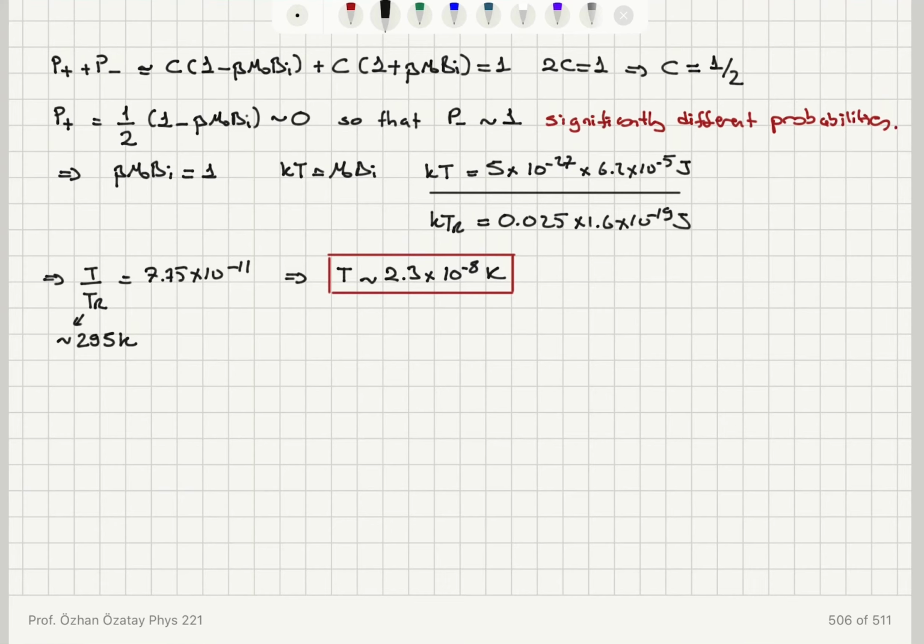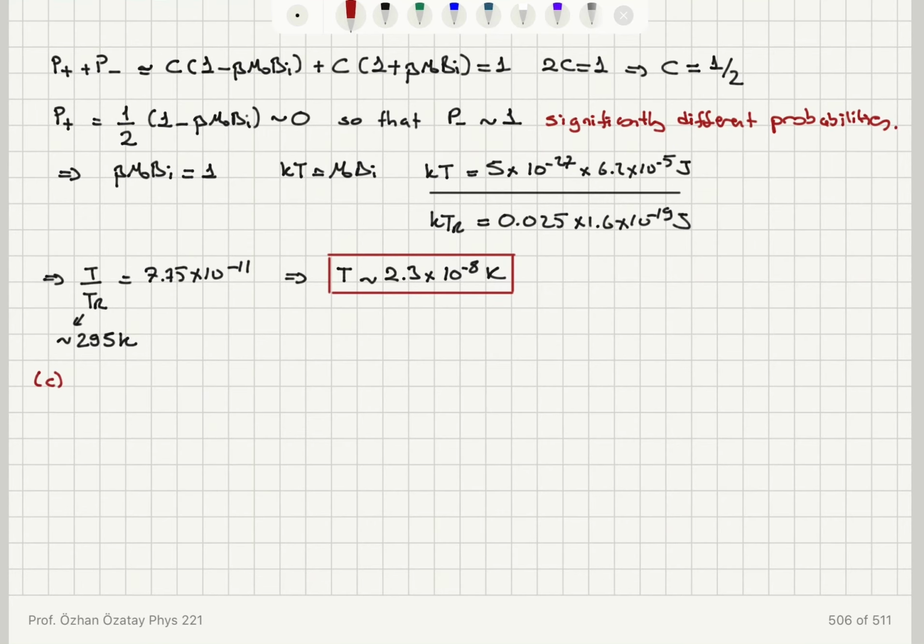But on the other hand, if I use this approximation, I find that it has to be equal to 1. So this is an approximate answer, because we haven't used the exact probability distribution to do this calculation. So this is an approximate answer for the temperature, but it has to be very, very low.